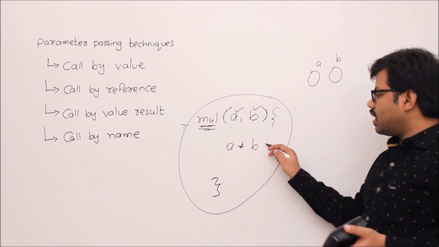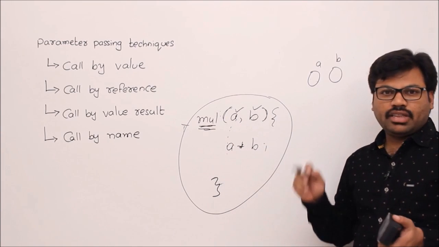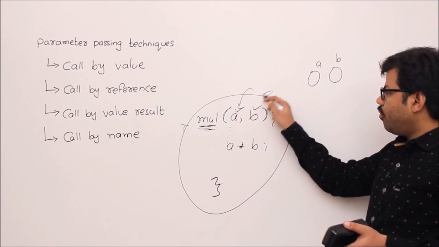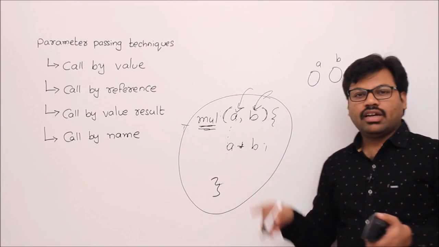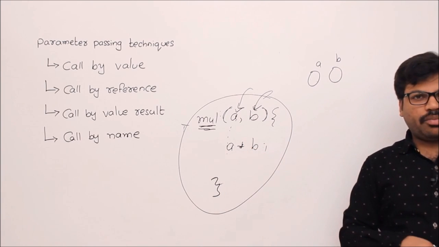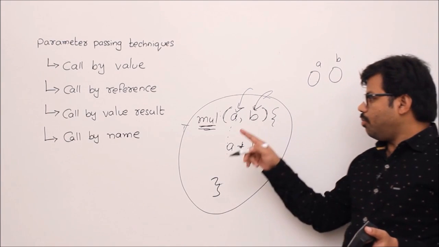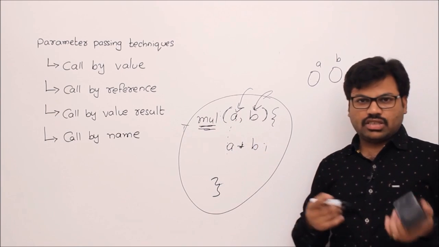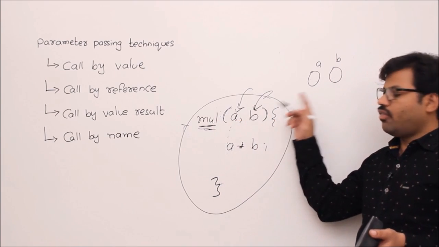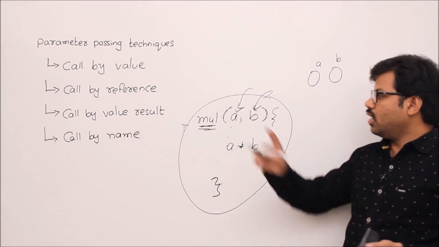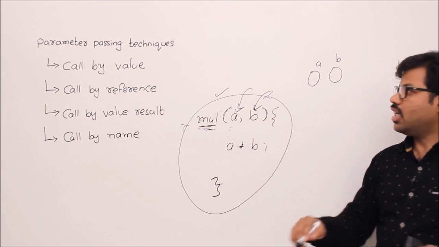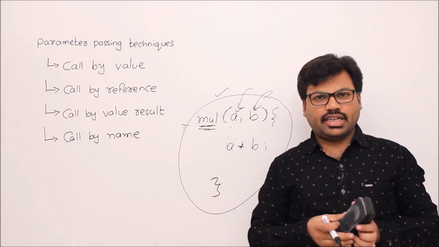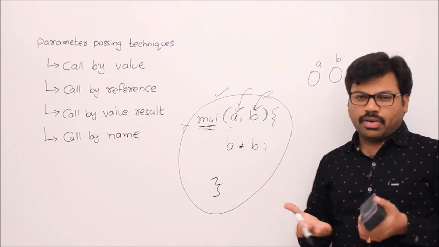Then people can understand that this multiplication method is taking a, b from the environment and multiplying them. So whenever I pass parameters to this method, rather than communicating through global variables, it will be readable. That's why I prefer parameter passing techniques. We'll see various parameter passing techniques.